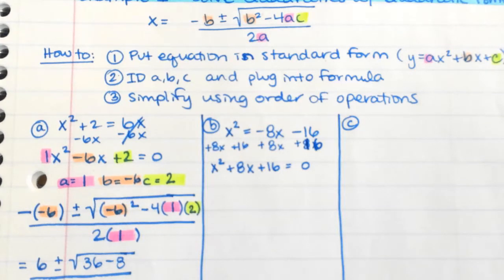Because you do -8 plus 0, -8 minus 0 is still -8. So it's -8 divided by 2.